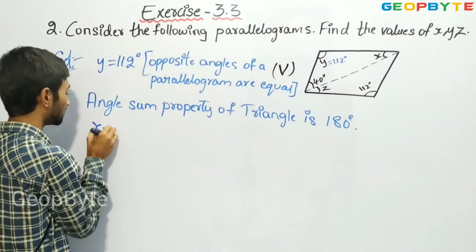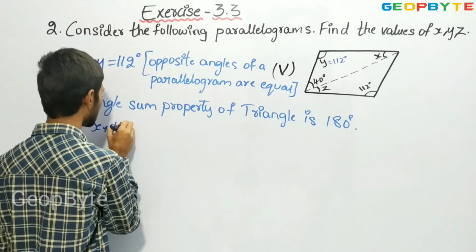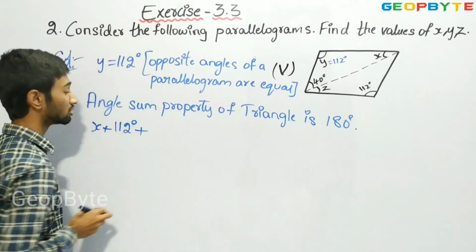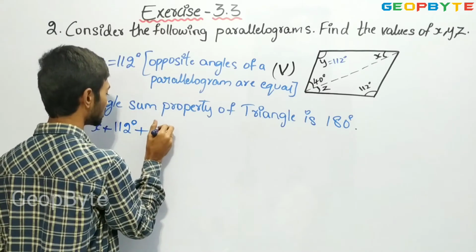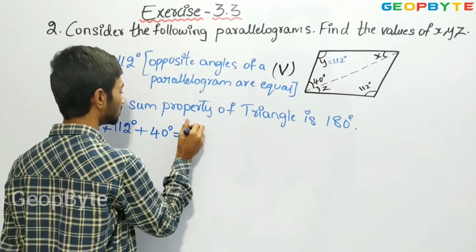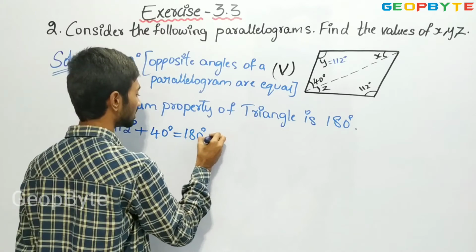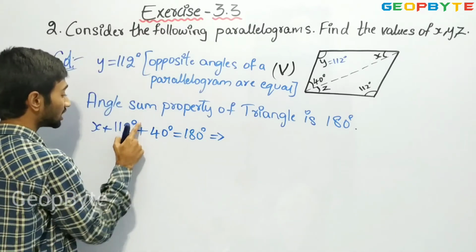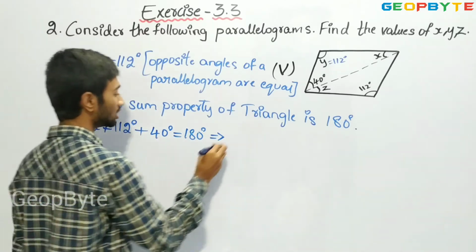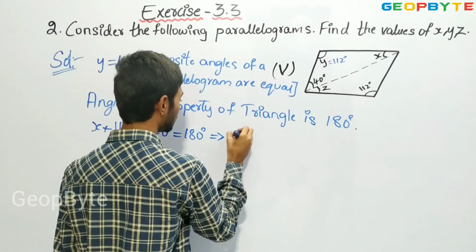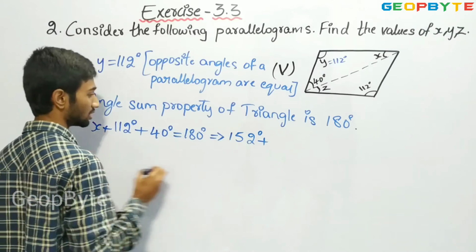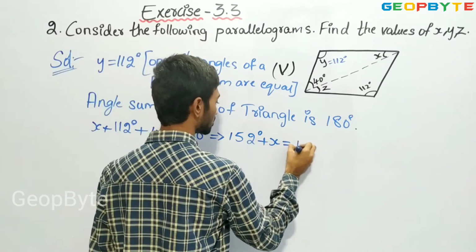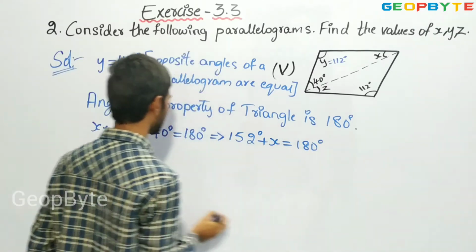So x plus 112 degrees plus 40 degrees is equal to 180 degrees. That implies 112 degrees plus 40 degrees is 152 degrees plus x equals 180 degrees.